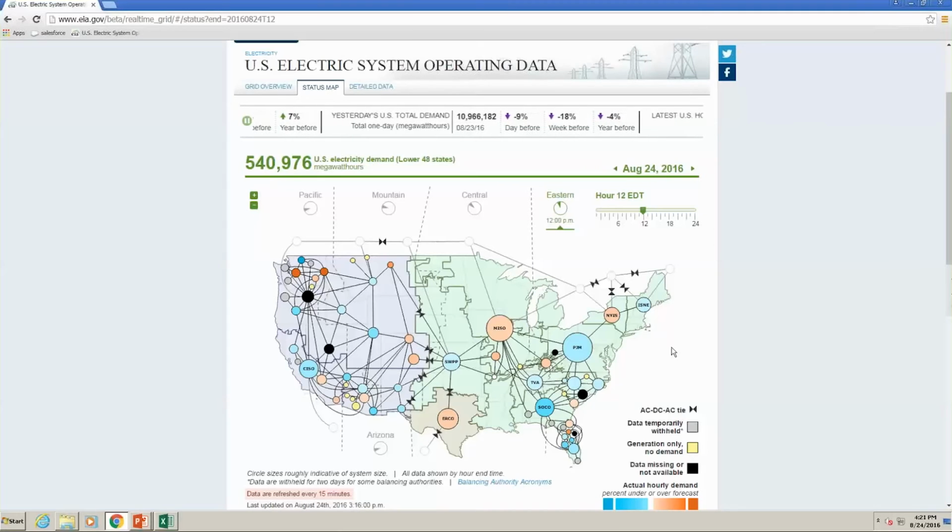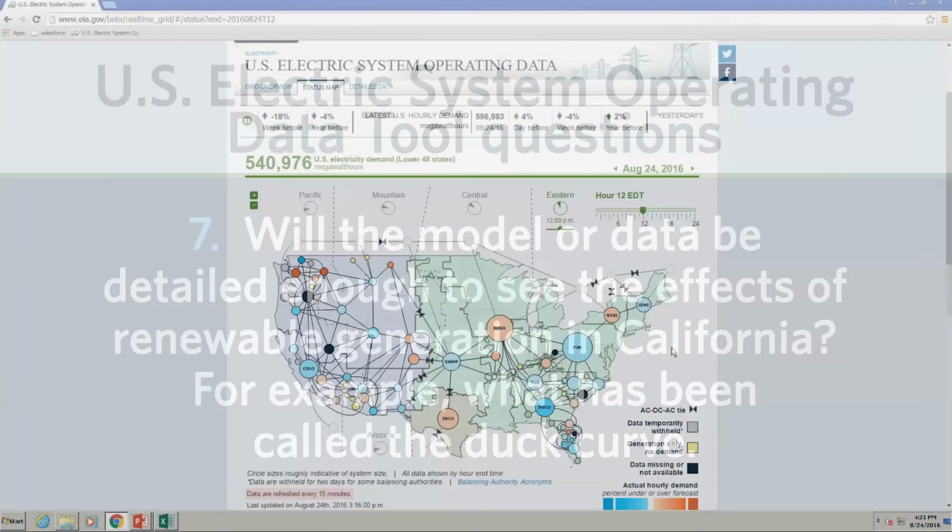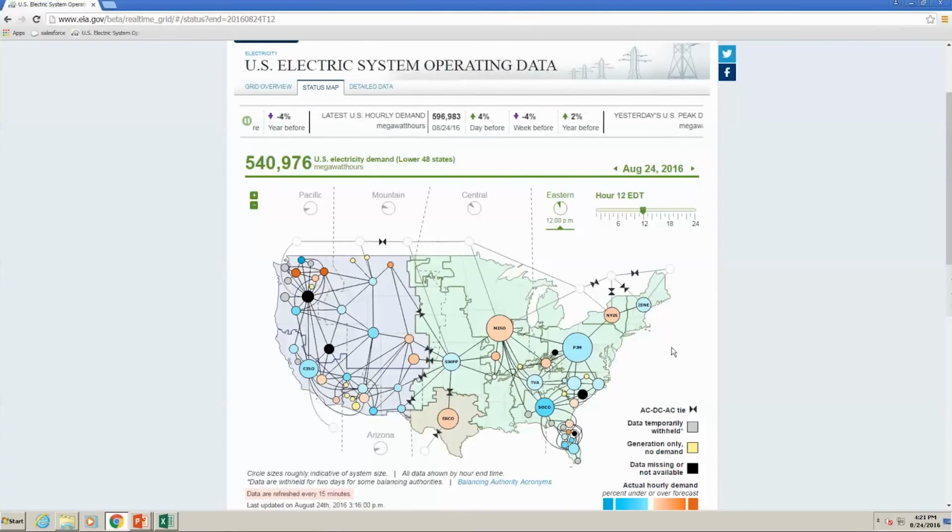One question that relates to generation within a particular state: will the model or data be detailed enough to see the effects of renewable generation in California, for example, what has been called the duck curve? Currently, the information we have is not adequate for us to create a version of the duck curve.